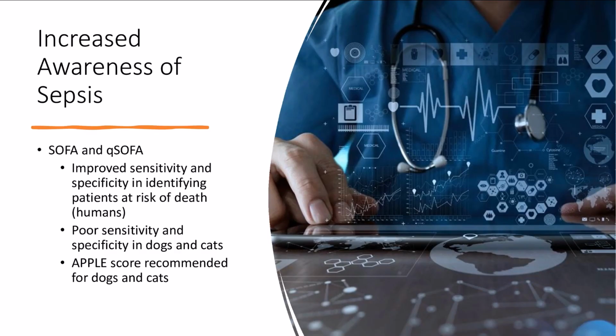We're also working on developing a little Apple score calculator for you as well, so that you can essentially get a score based on the blood tests, physical observation, and things like that, and you'll be able to come up with a number that has a fairly good sensitivity and specificity for mortality risk in your patients. But that is what we're using in dogs and cats.